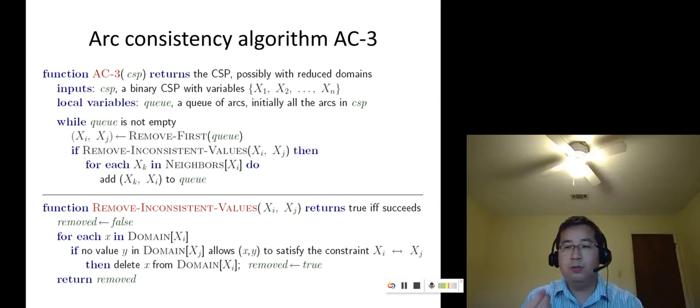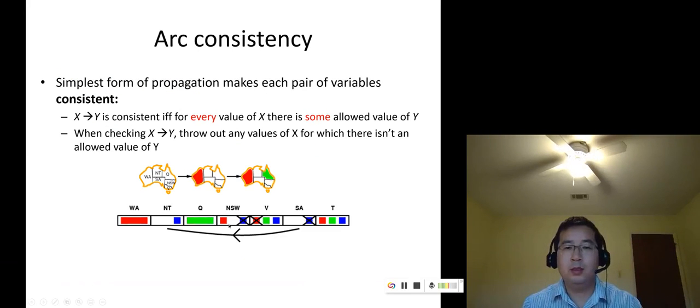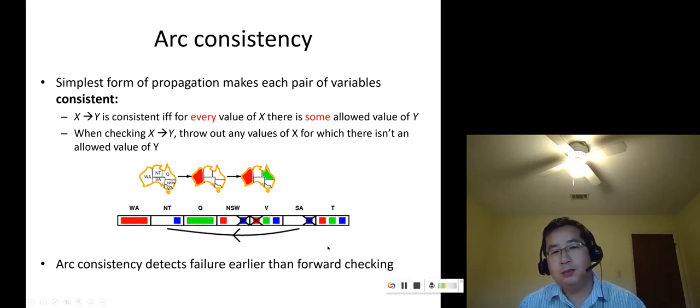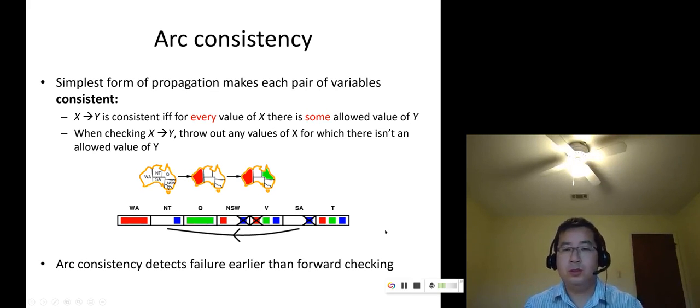We just only update. If we find some violation, we delete the values from the variables, like previously. Your target is to reduce the search space, so you want to delete as many values as possible from the legal values for each variable.